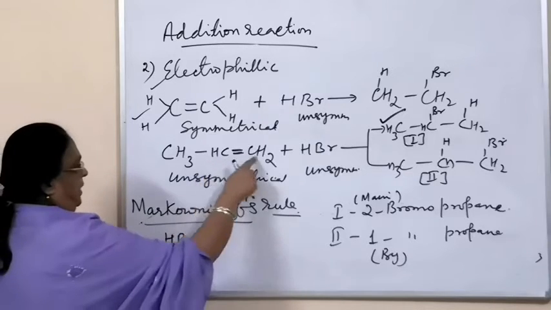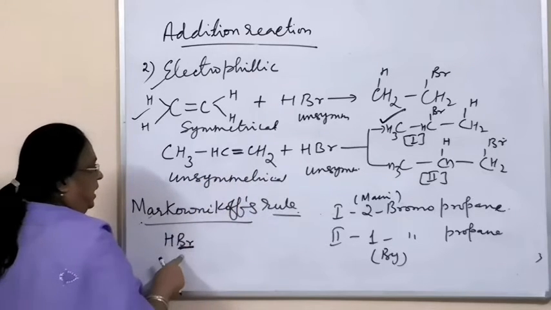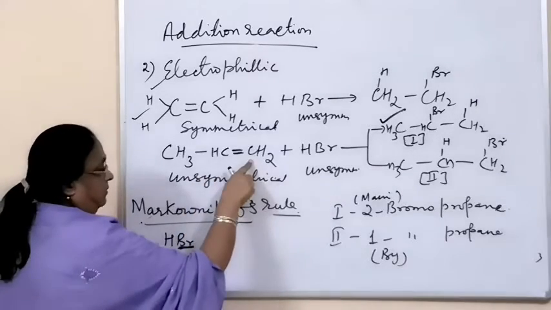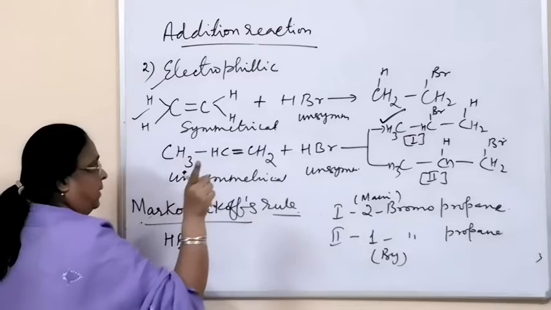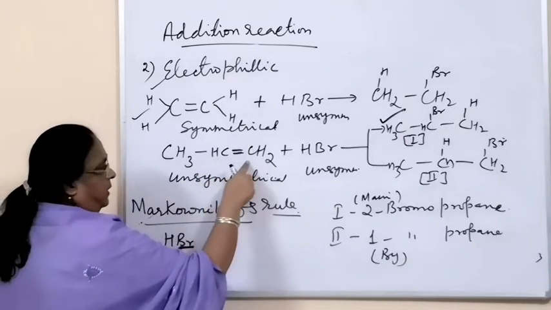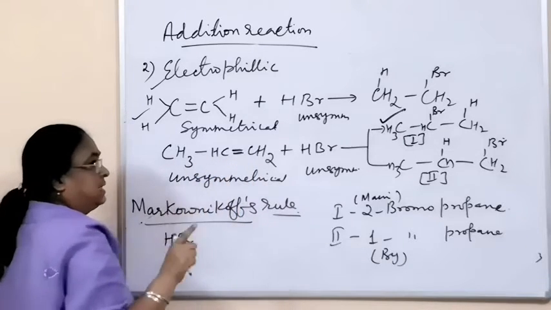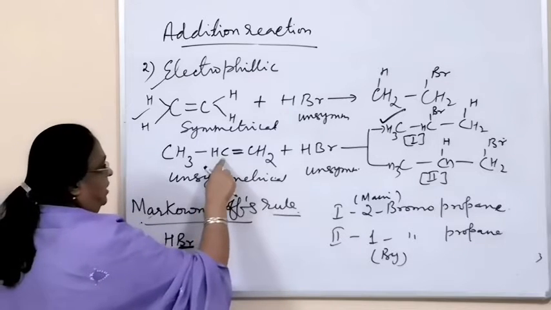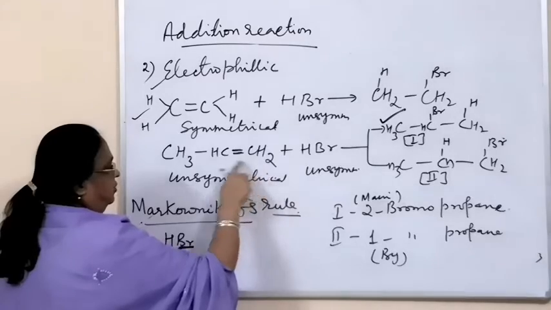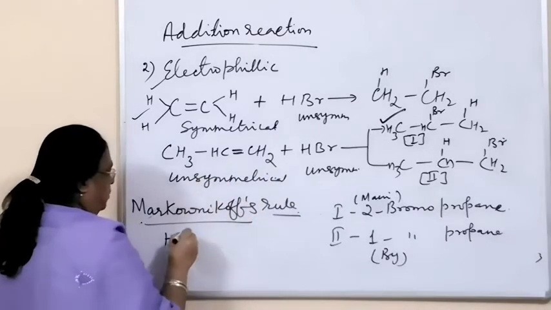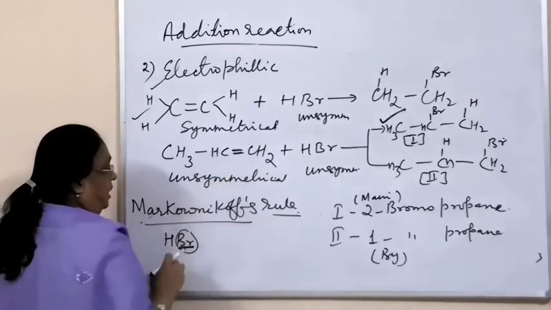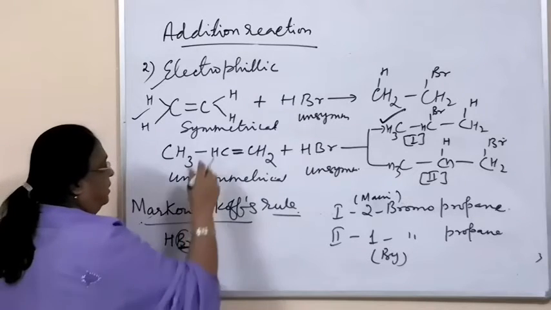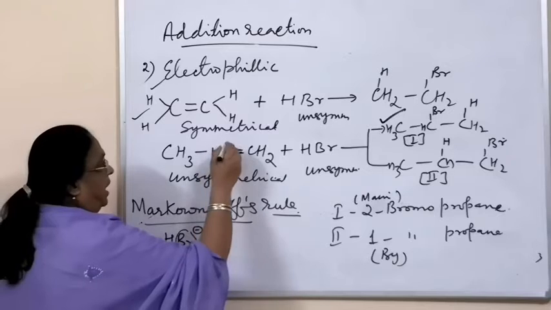So the electronegative part of the addendum goes to that olefinic carbon atom which has the lesser number of hydrogen. So this is having only 1, this is having 2, this has lesser. So the electronegative part will come over here. So if the negative part is going to come over here, this should have a positive part.